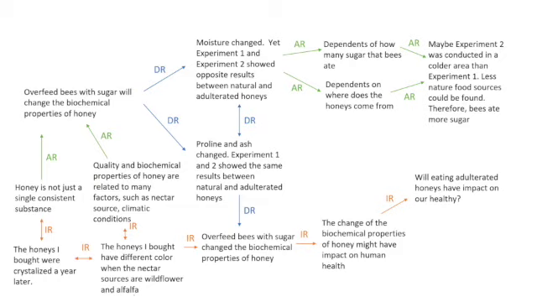Then after all that reasoning, I have another inquiry now, which is: will eating adulterated honey have impacts on my health? Now you see, reasoning is complicated, but we often do not realize how complicated the process is.